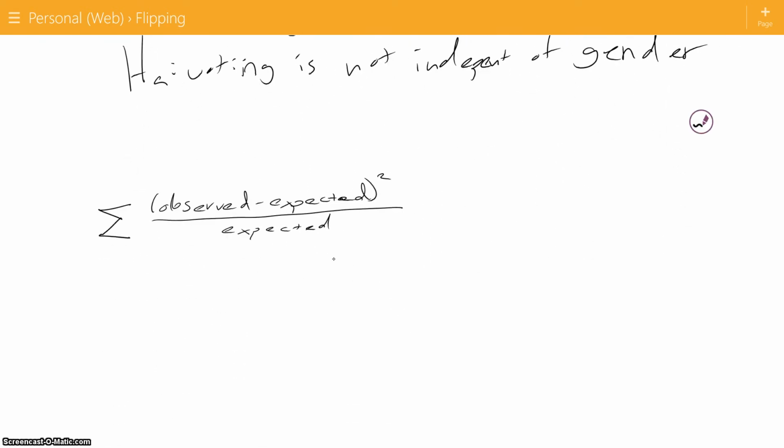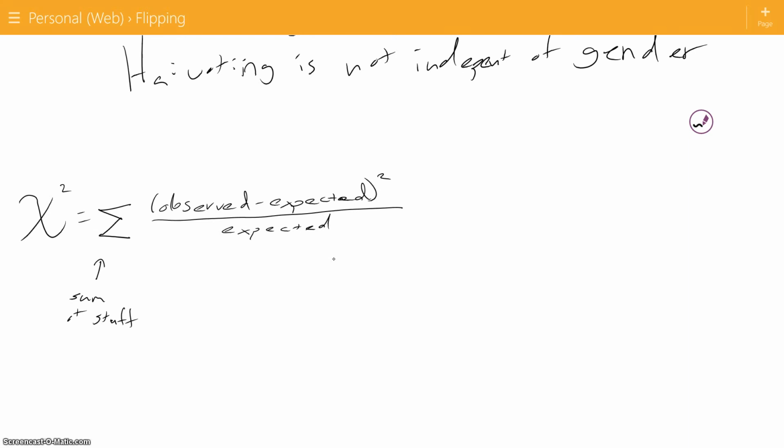Chi-squared actually kind of looks like a curvy X. Our chi-squared is going to be this guy right here, that is sigma, your sum of a bunch of stuff. So we're going to take the sum of everything of our observed versus our expected results.